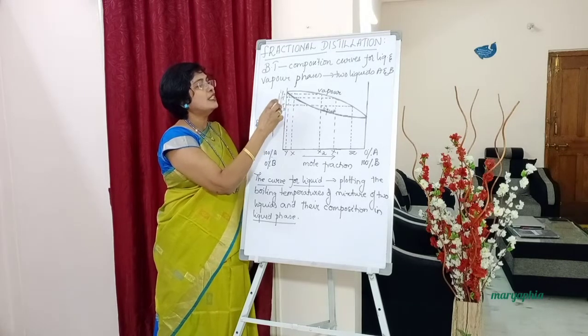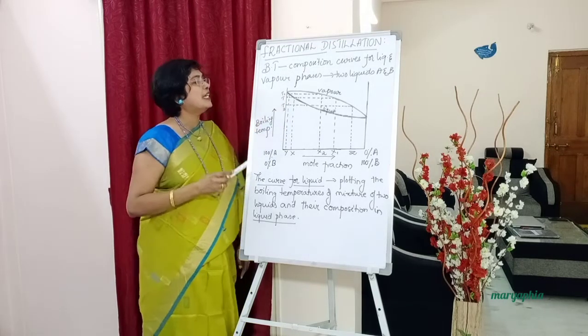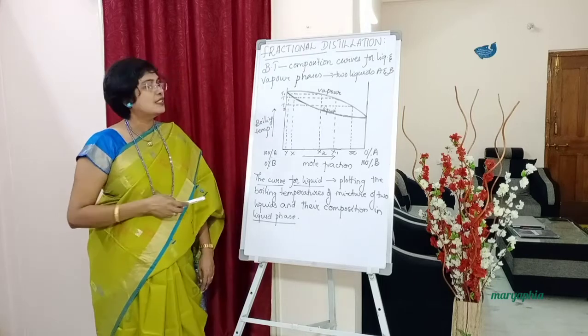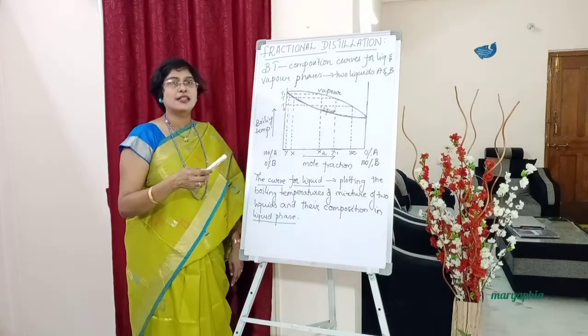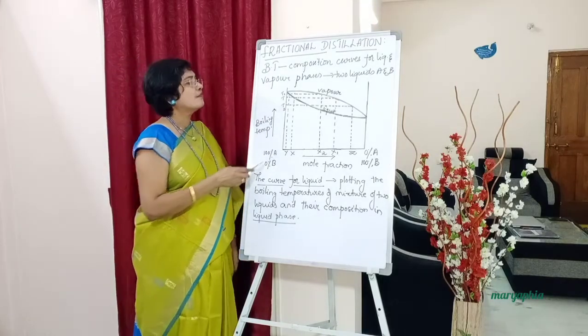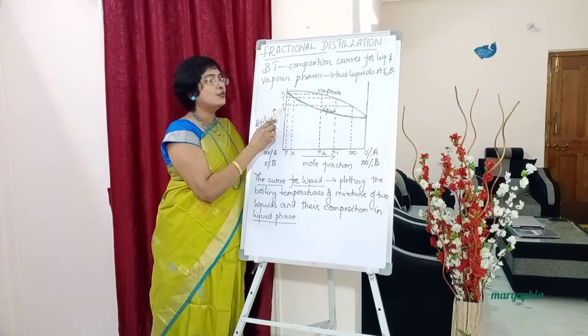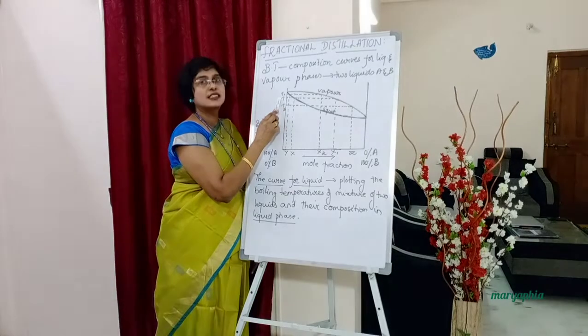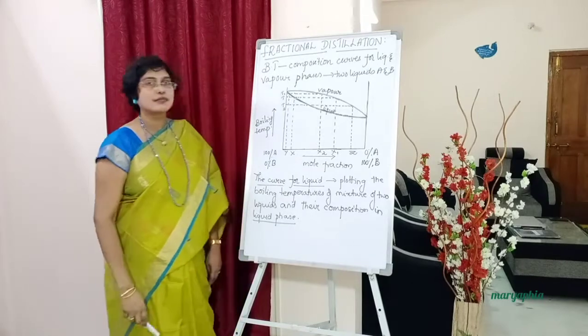You can draw these two curves so that you leave some space above T1, because this is a small whiteboard on which I could draw this diagram. Okay students, T2, this temperature, T1.